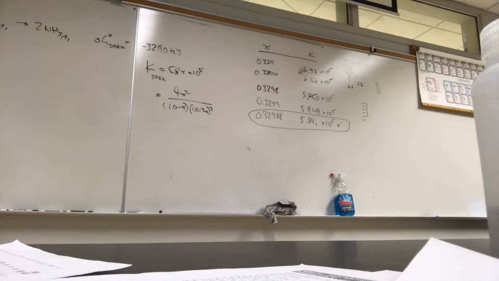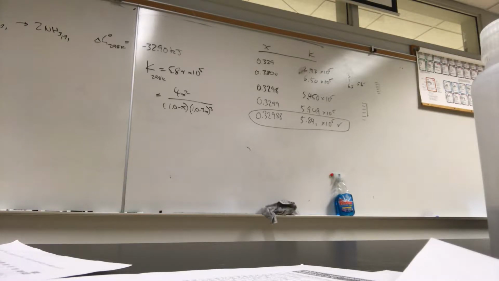And so if we go back to the nitrogen, the nitrogen was 1.0 minus X bar. To calculate the nitrogen at equilibrium, we started off at 1.0 bar, and we have minus X bar. And so we can figure it out. 1.0 minus X, X is going to be 0.32988.